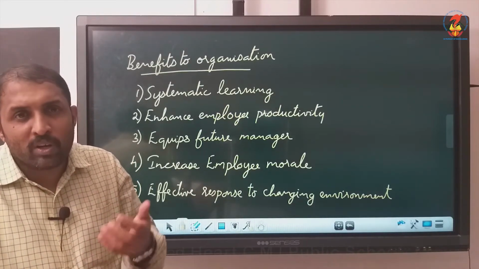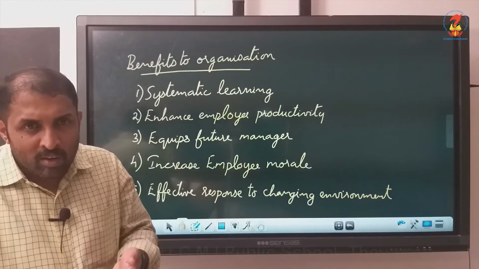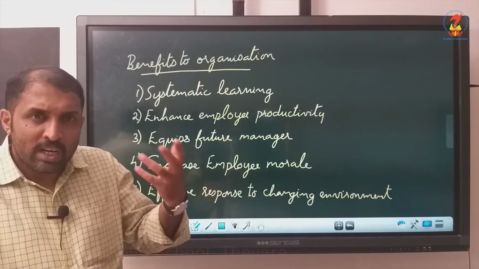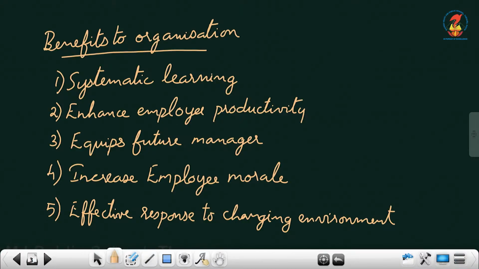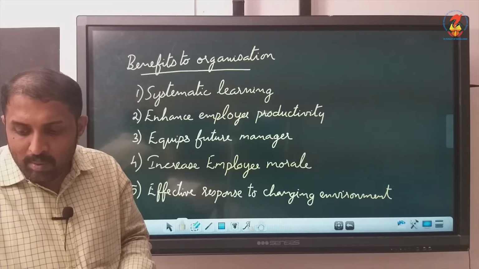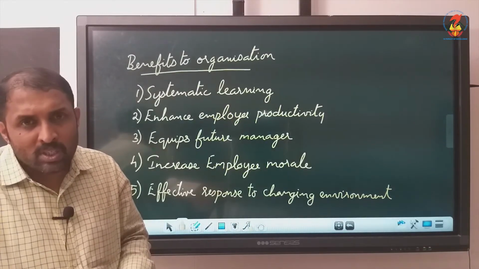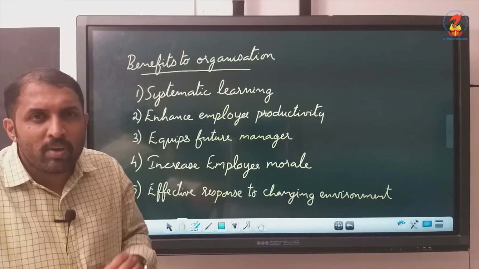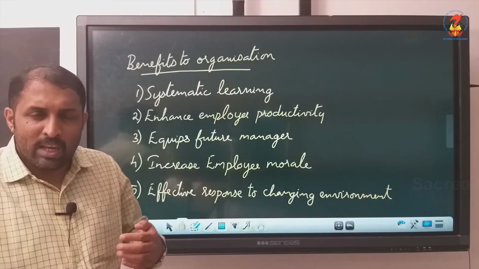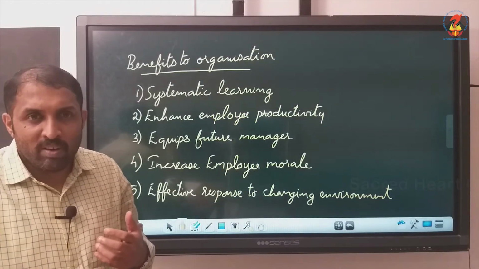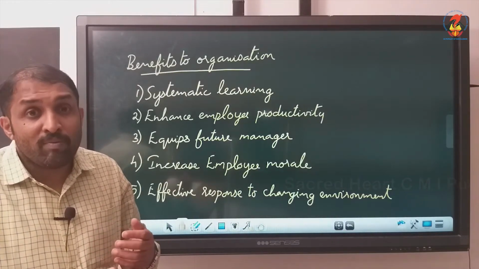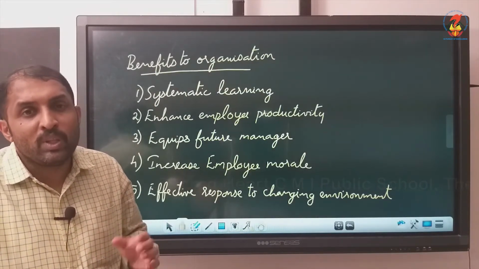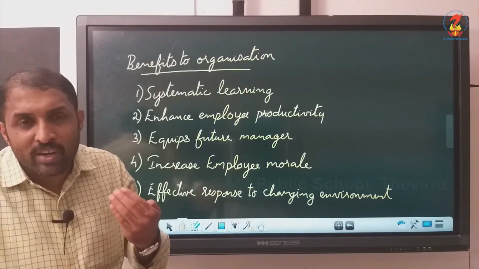When different aspects of a particular job are taught, and proper understanding of the job is given to an employee, it helps develop future managers. Increase employee morale. When a person knows the job, or is happy with the job, they will feel comfortable and satisfied with themselves, and a kind of self-esteem will be developed within the organization, and that can reduce absenteeism.